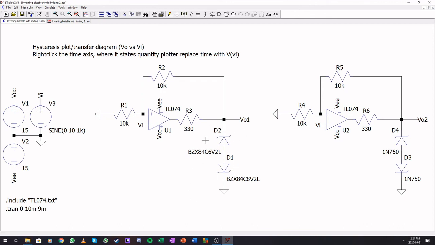So adding limits is very important for these circuits, especially when we're doing square wave and triangle wave generators. They will be part of a design to include one of these, basically to stabilize the circuit output.